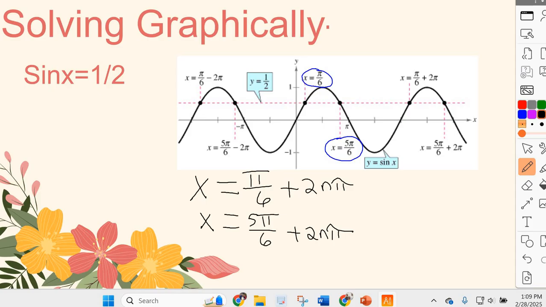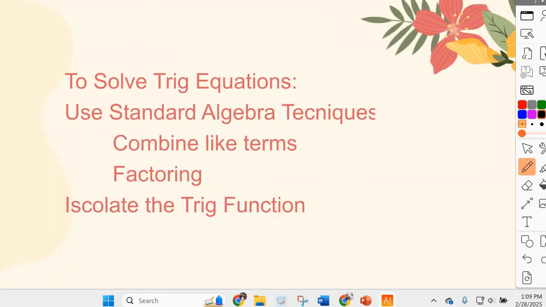Just like with any of our functions, we don't tend to like to solve them graphically because it takes a lot of time, and some things are not easy to solve graphically. So for the most part, we're going to use algebraic techniques. All of our algebra still applies: we can add, subtract, multiply, and divide both sides.